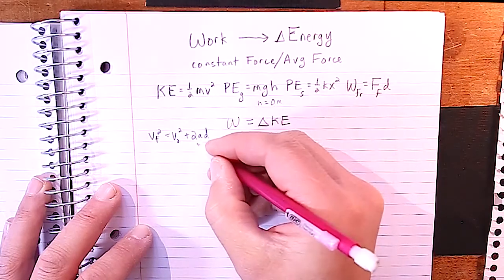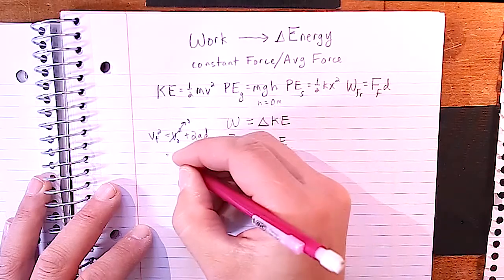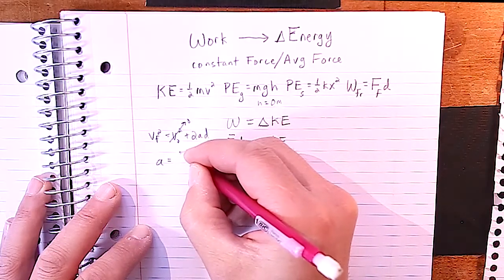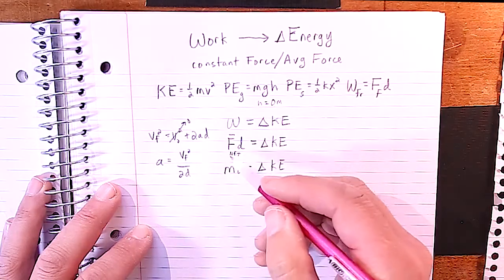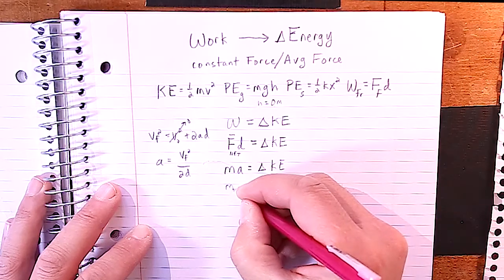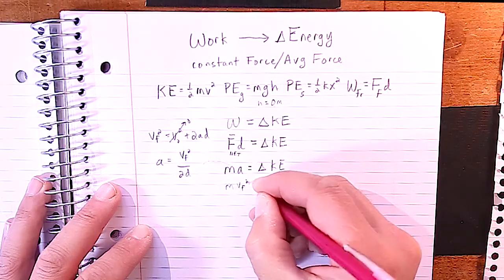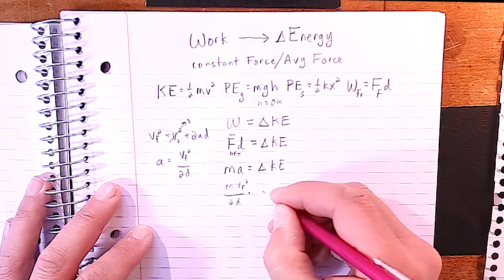And rearranging, solving for a, if we have an initial velocity of 0, that would give us a is equal to vf squared over 2d. Now, we can sub that in for a, so that we end up with m times vf squared over 2d times d.